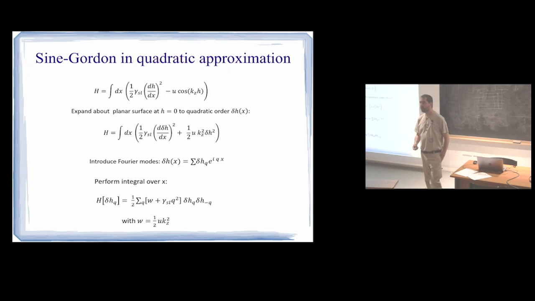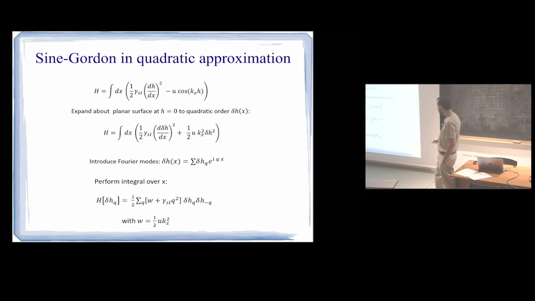And in this kind of problems, there is a mathematical trick: whenever you see a Hamiltonian, a free energy that is quadratic in your order parameter, it's very convenient to introduce Fourier modes. Okay, so I describe my surface height fluctuations in terms of Fourier modes, replace the Fourier modes here, here and here, and then if you integrate over x, that's a good homework to do, you get a very nice simple expression for the free energy.